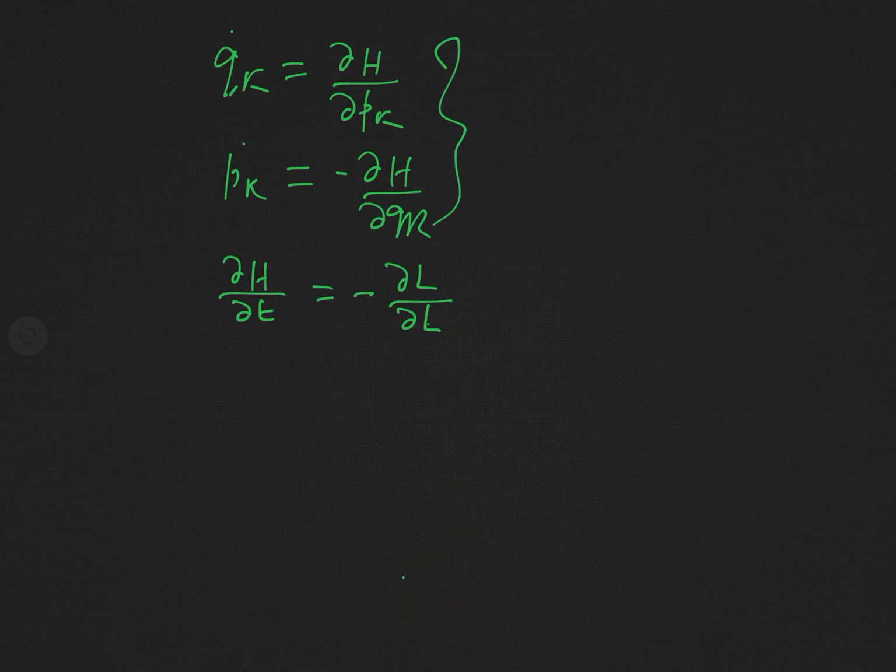Actually, the set of these two equations is known as Hamilton's canonical equations. This is also an important equation, but this is not Hamilton's equation. So the equations in A are referred to as Hamilton's equations or Hamilton's canonical equations of motion.